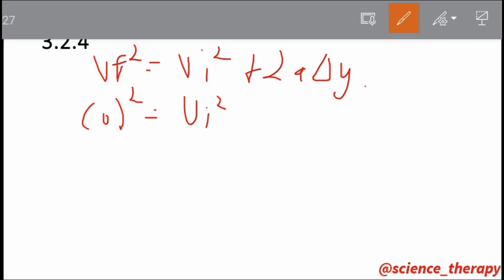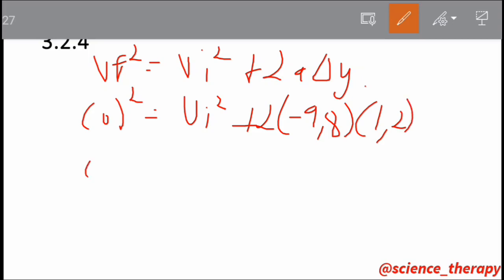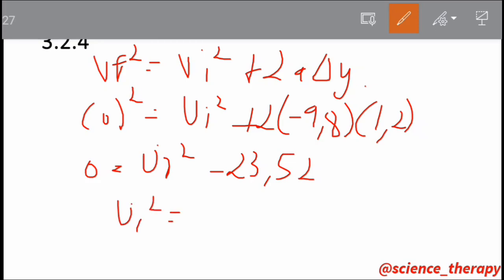Then we have Vi squared, then 2, our a is still negative 9.8, but our delta y this time is 1.2. So 0 equals Vi squared, and punching that in the calculator, we have negative 23.52. Now if we transpose, Vi squared is equal to positive 23.52.